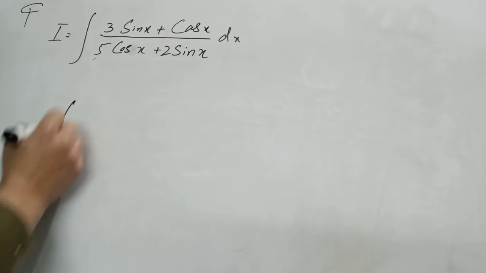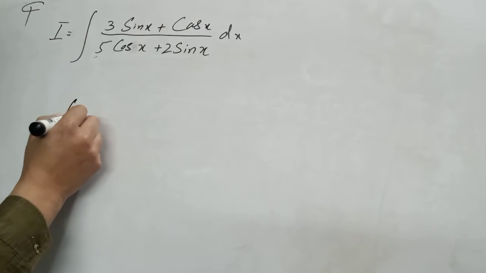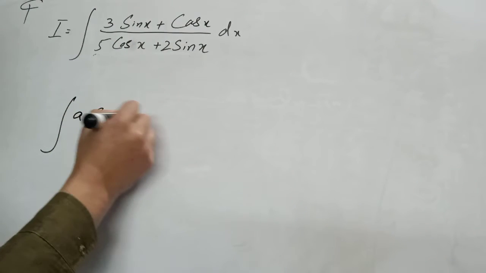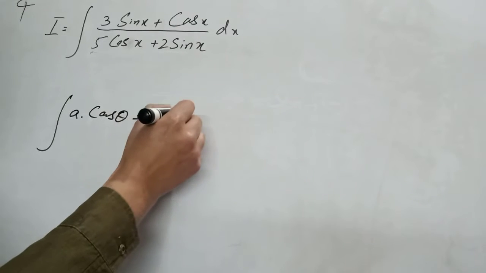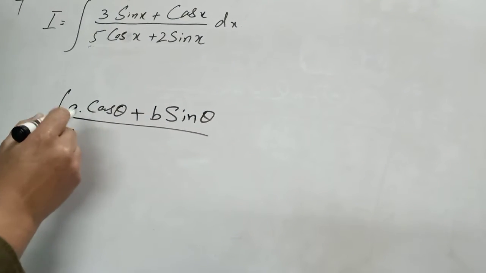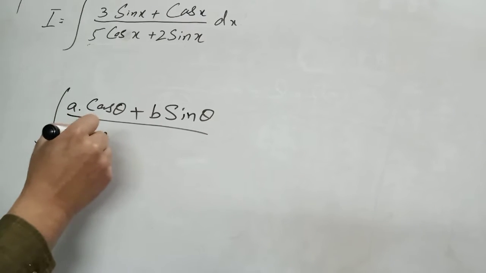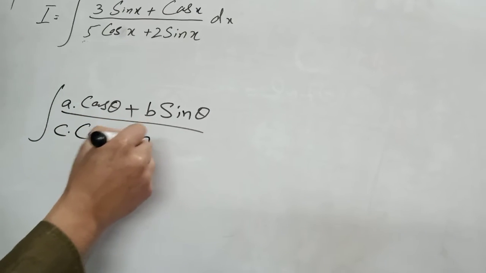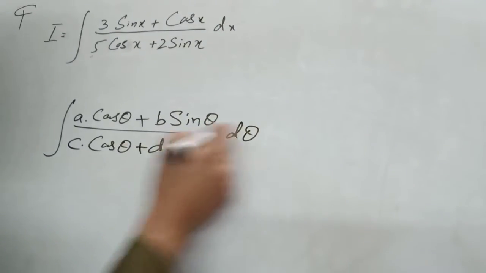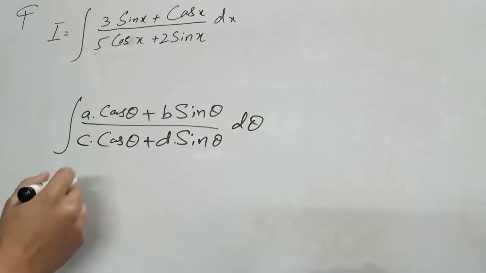Here is the formula. You are given a function with some constants: a cosine theta plus b sine theta, divided by c cos theta plus d sine theta, d theta. Then it can be integrated like this.